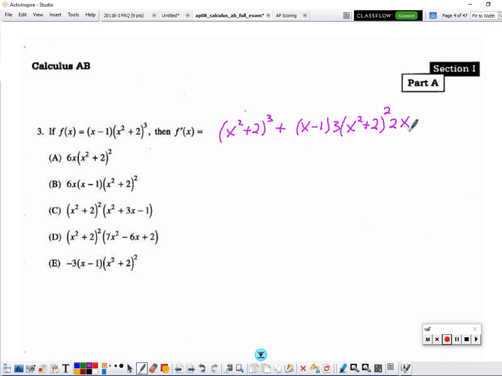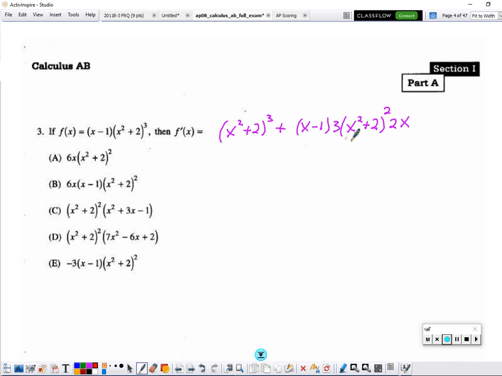You want me to talk through that step here? It's just the product rule. If this were an FRQ, you could stop, but it's not. We've got to factor. It's got to look like this. So I see that there are 3 factors here: x squared plus 2, 3 times.